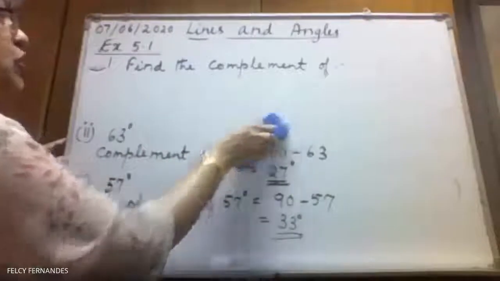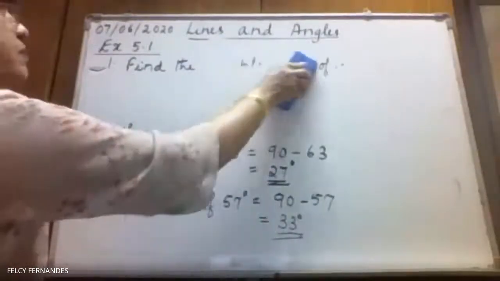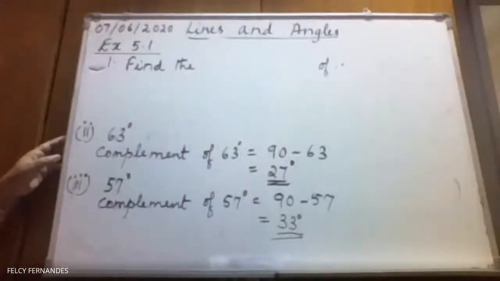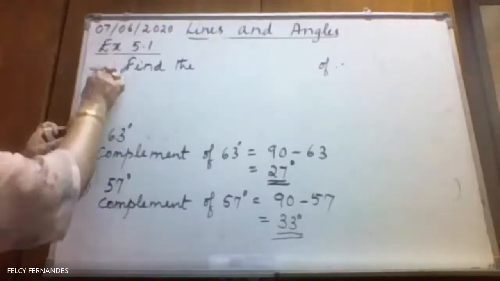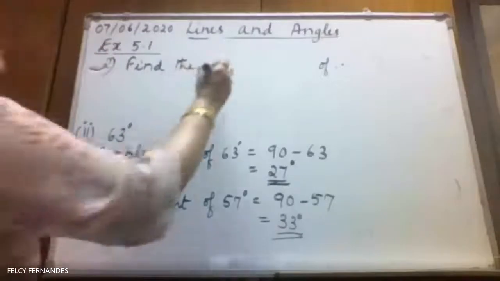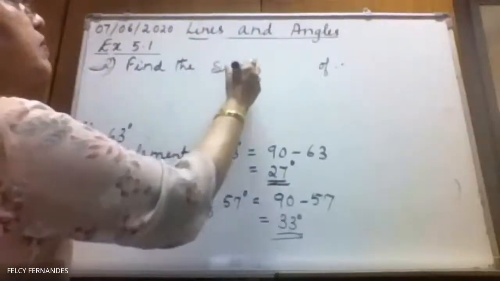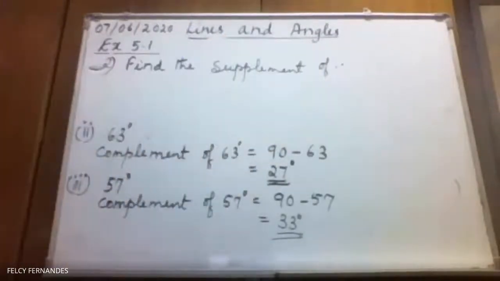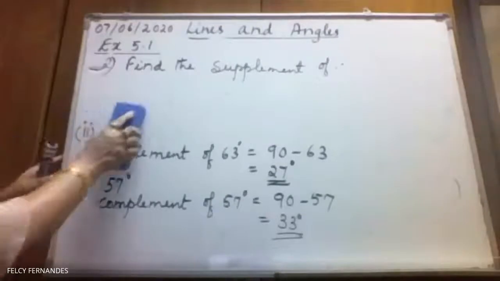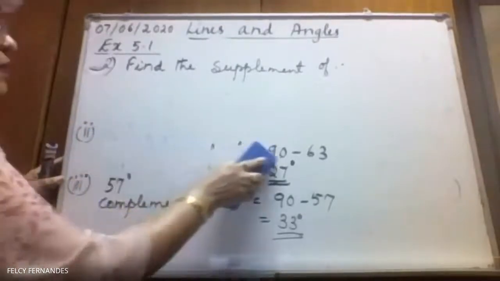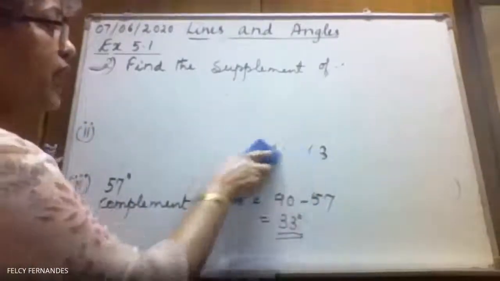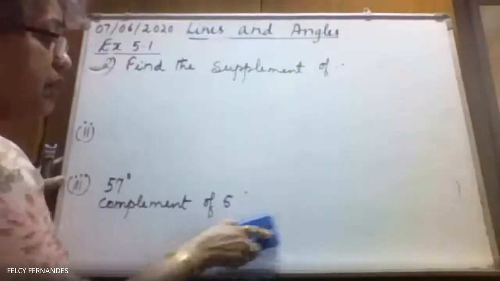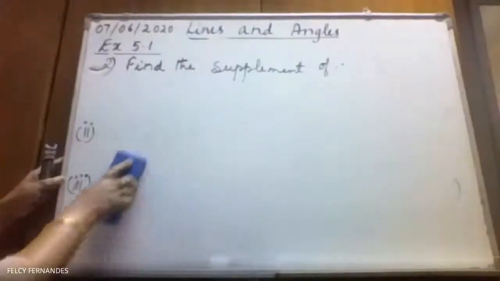Now we go to the second question. The second question they have asked you, find the supplement. Find the supplement of. The second pair of angles which we learned. Supplement means total should be 180, isn't it?